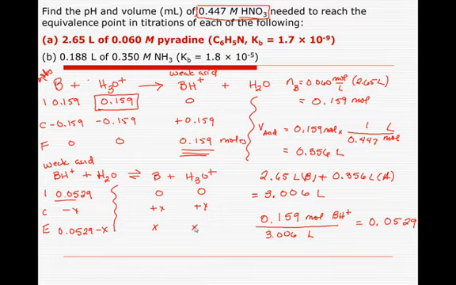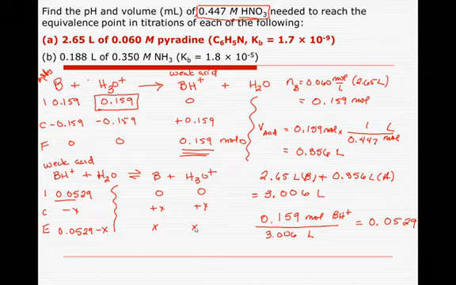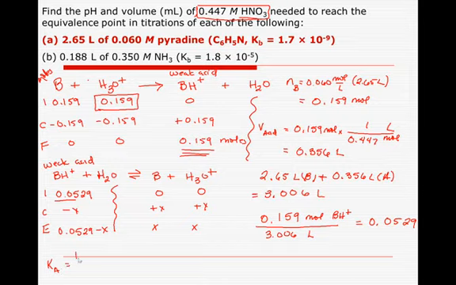Now what do I need here? I need the Ka for the conjugate acid. They didn't give me the Ka. I know the Kb. To get the Ka, I'll take 1.0 times 10 to the minus 14. That's Kw. And I will divide by 1.7 times 10 to the minus 9. That is the Kb value.